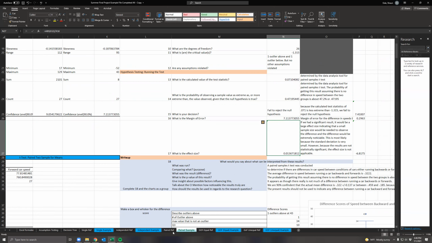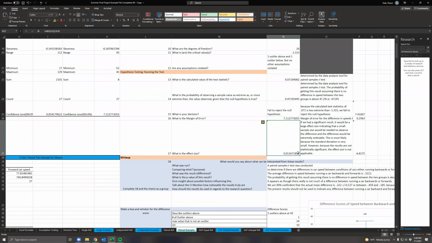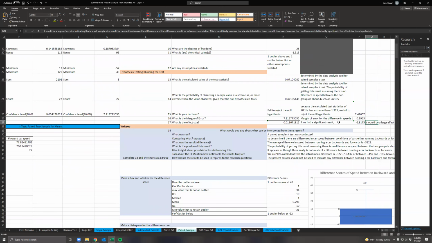And if we look at this interpretation, the effect size is 0.01. In other words, it is tiny. And so the way that I calculated it before, just ignore that. So I'm going to get rid of that and just put it right here.